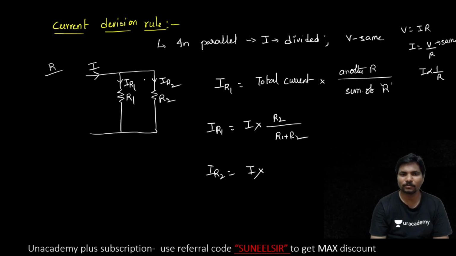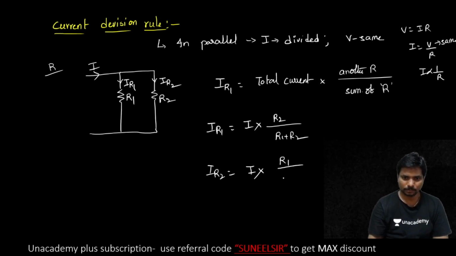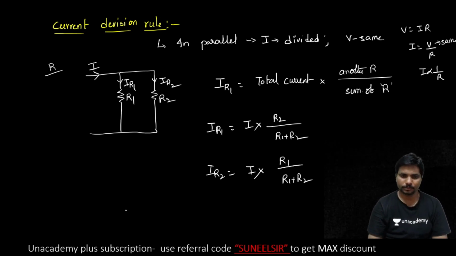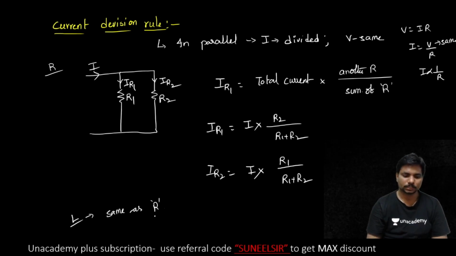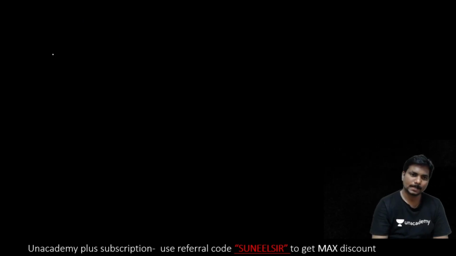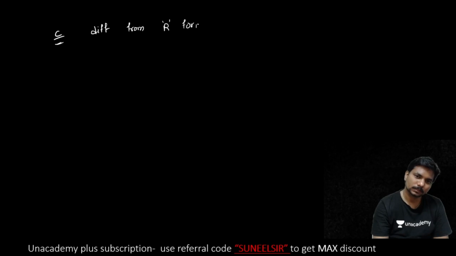If you got one, no need to find the other one; just subtract from the total and you will get the answer. Inductance formulas are the same as resistance. Now coming to the capacitance. Capacitance formulas are different from resistor formulas.